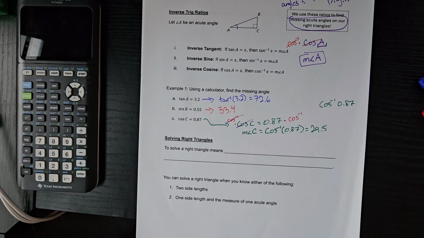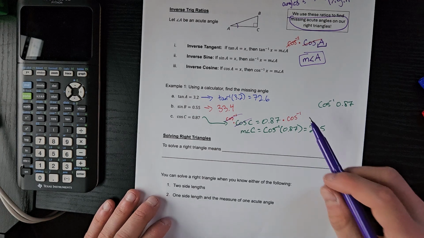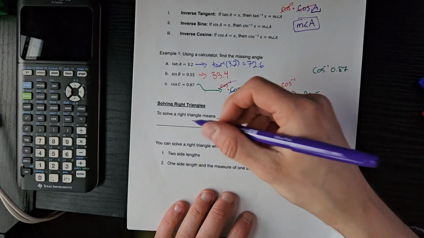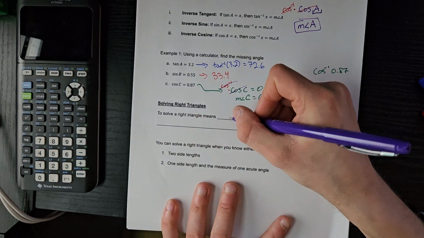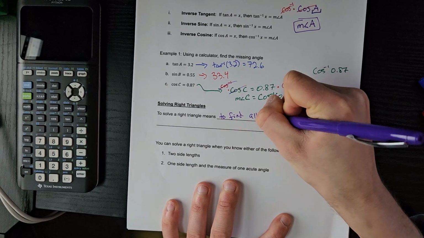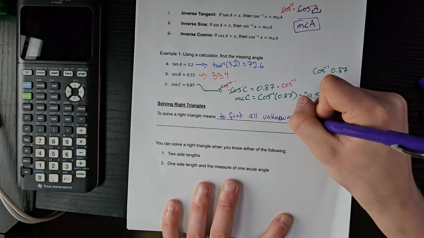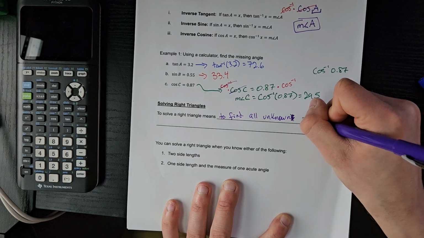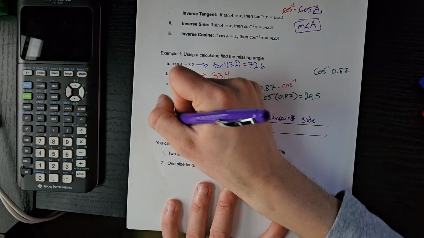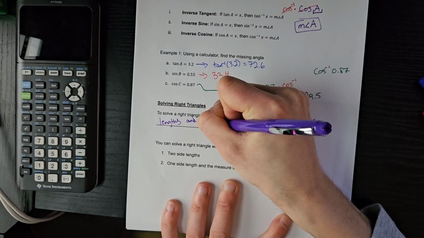Alright. There we go. Well, that means I can actually write this out. With inverse trig, we can start using that to help us solve right triangles, the main purpose of this lesson. Now, what does it mean to solve a right triangle? Well, that means to find all unknown side lengths and angle measures.